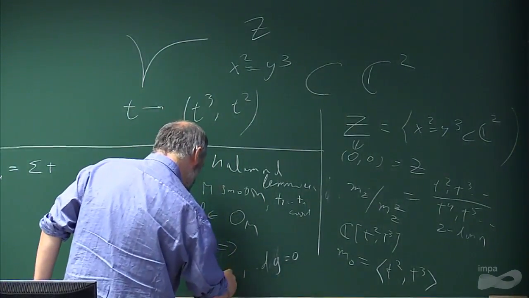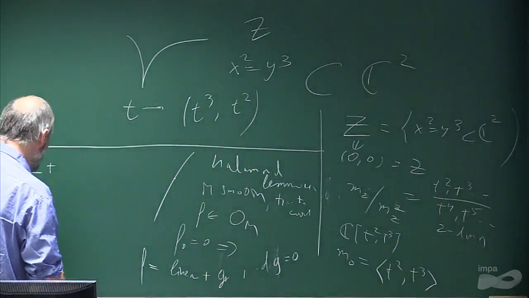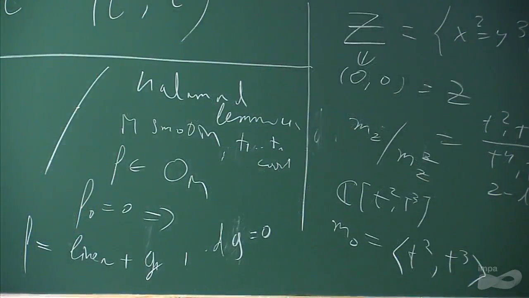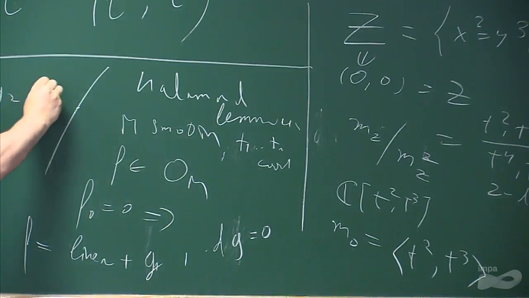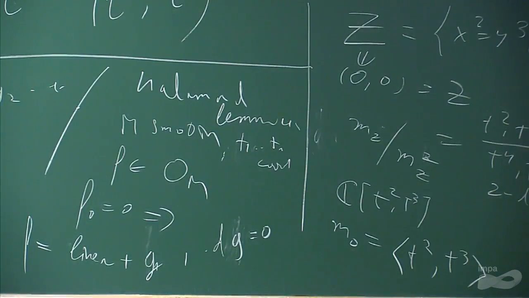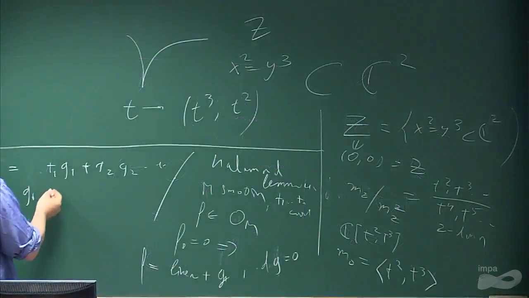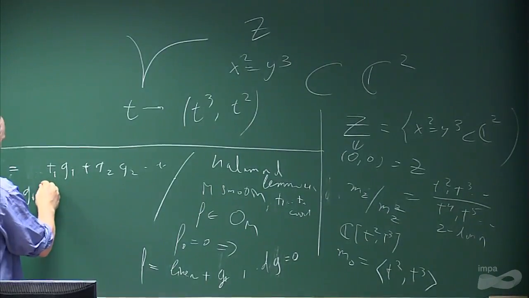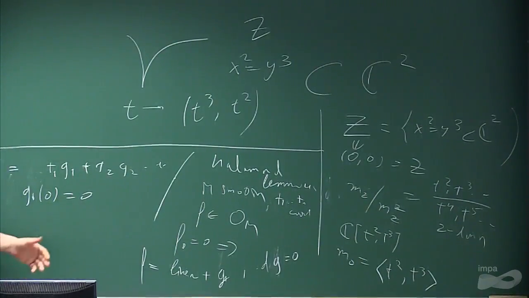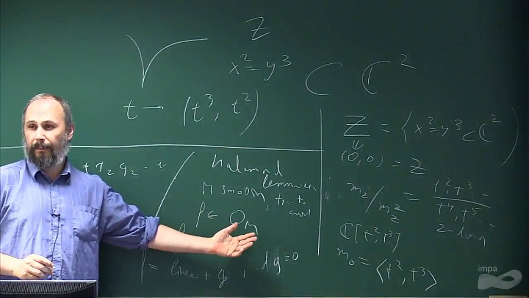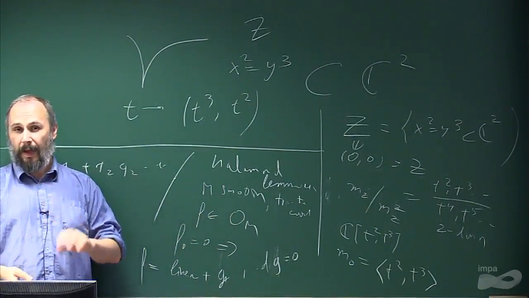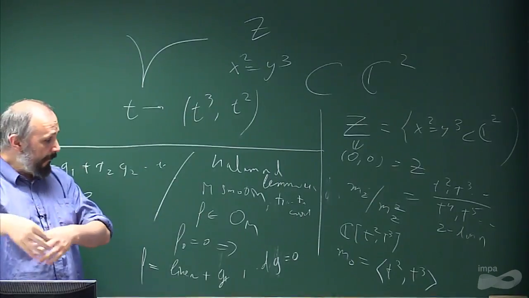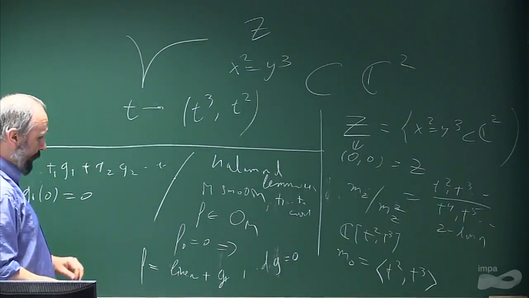So g is t1 g1 plus t2 g2 plus and so on, where gi of 0 equals 0. This is the explicit form of the first term of the Taylor decomposition. If you have a function which vanishes at 0, it's a linear term plus a quadratic term plus a third power term and so on.